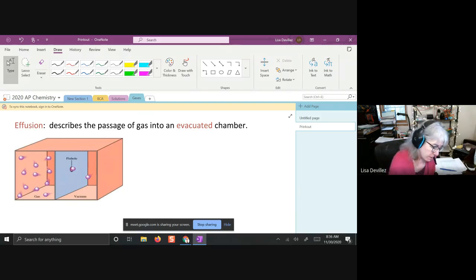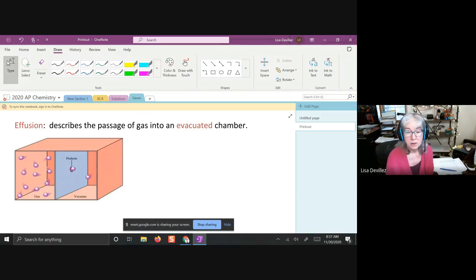The key thing about their movement is that this is the one type of calculation where what the gas is matters. Even if they're at the same temperature, they have the same average kinetic energy, but the rate that they are moving is going to be affected by the mass of the particle. If the mass is higher and it has the same kinetic energy, it's going to have a slower speed.